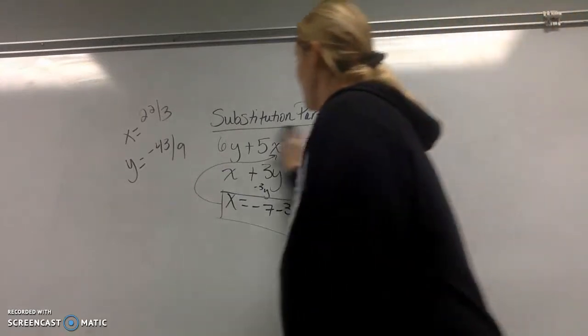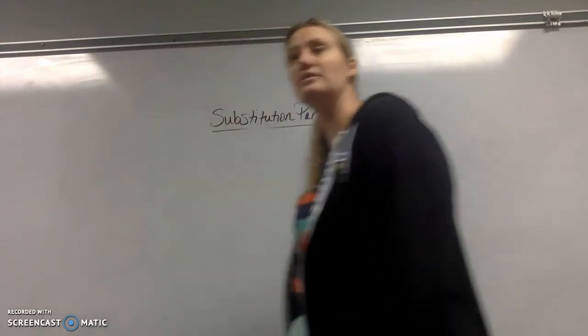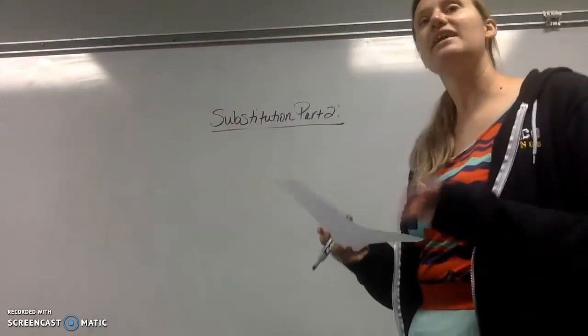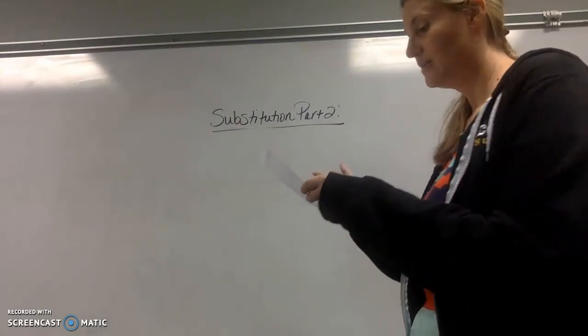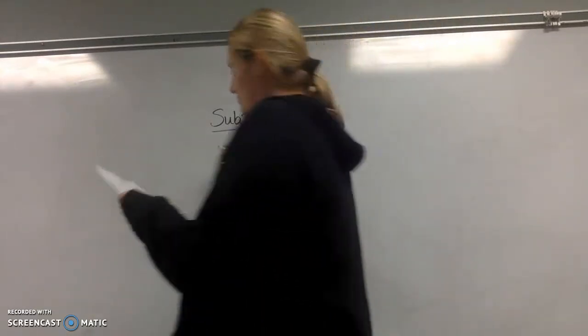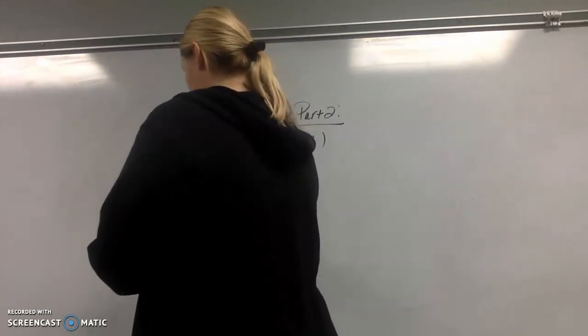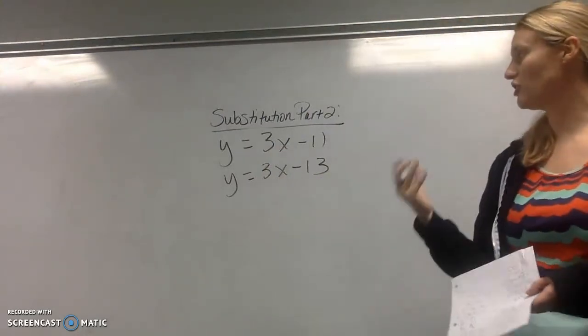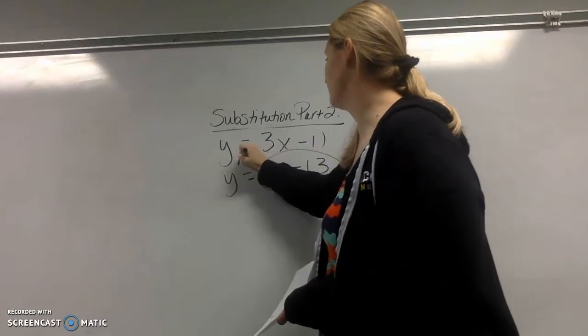Okay, now let's talk about extraneous solutions. You do not need common denominators when you multiply, just as a side note. Now, this is a problem, yes, I could graph, but we're going to use substitution. So I'm going to take this and substitute it in for y.